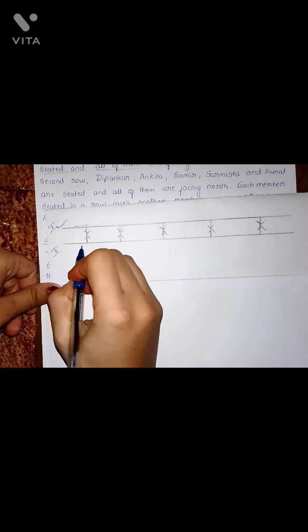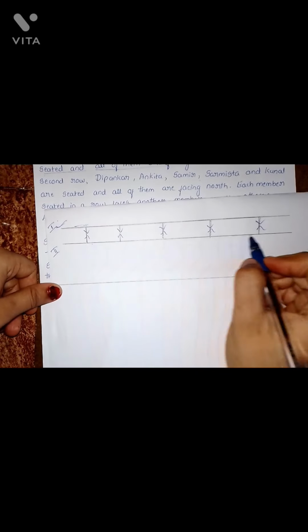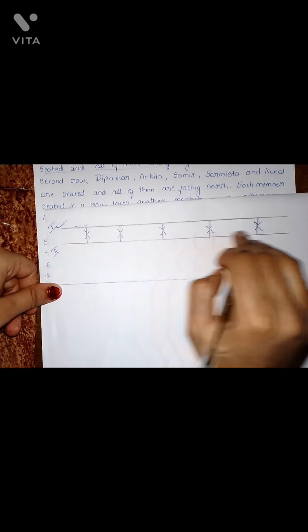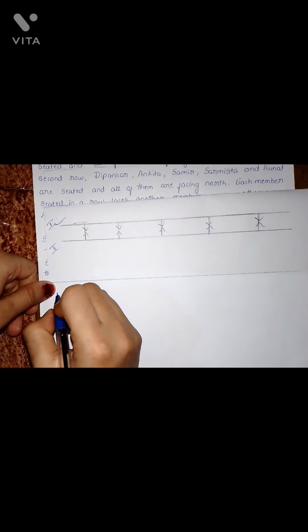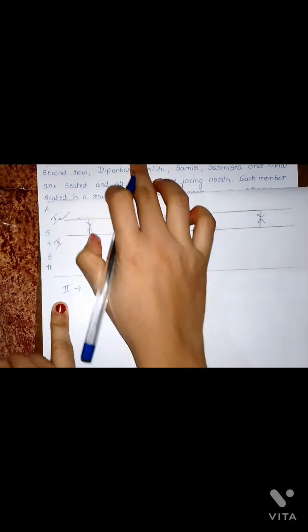I would say it is better to write the people seated in the second row, because it's a little easier. According to me, but you can do as you wish. I will write only one row's names, that means the second row's people. So who are they?